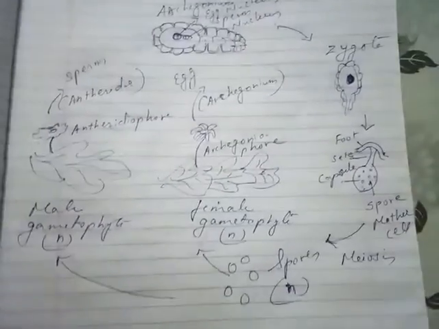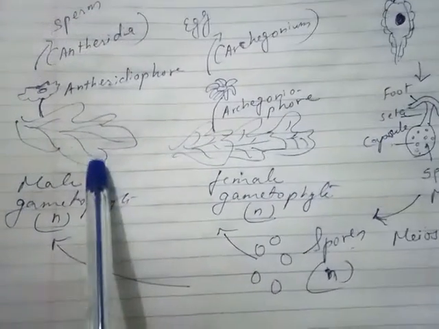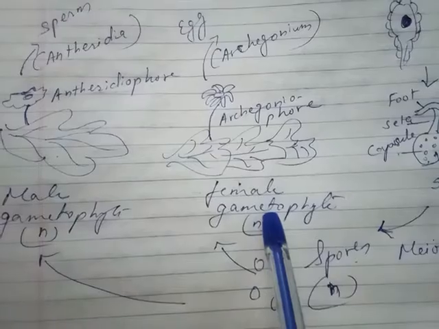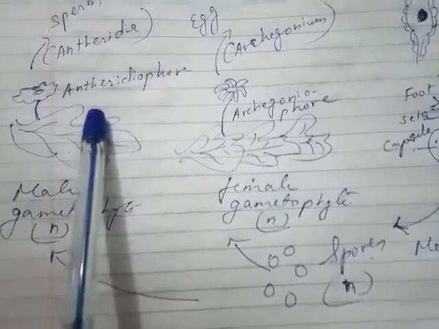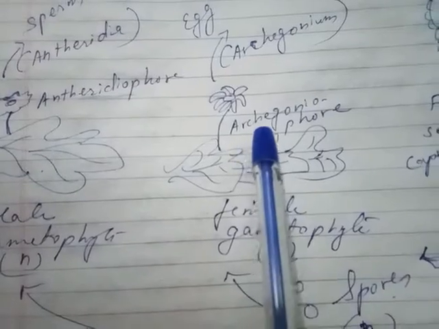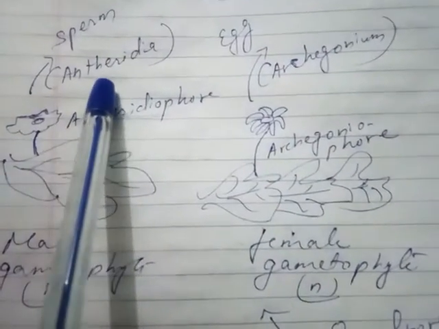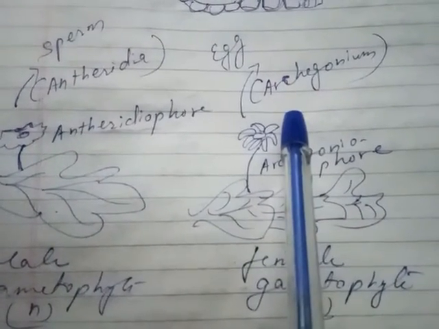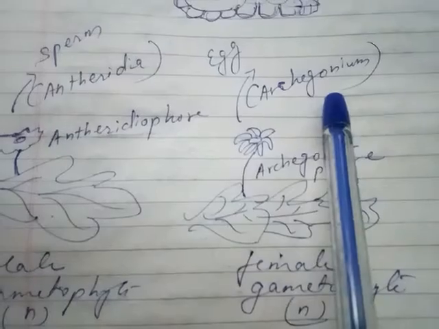Let us understand this with the help of a diagram. For example, this one is the male gametophyte, and this one is the female gametophyte. The male gametophyte will be producing antheridiophore, while the female gametophyte will be producing archegoniophore. This will have the male sex organ called antheridia, and this will have the female sex organ called archegonium.